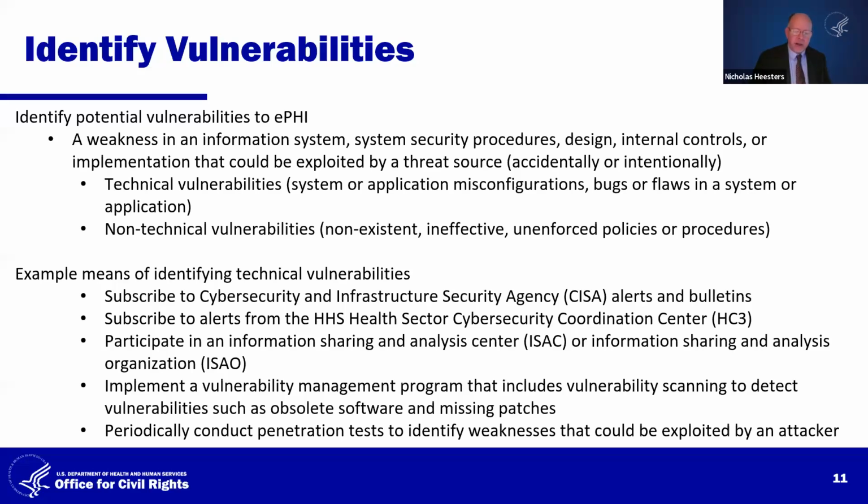Technical vulnerabilities could be misconfigurations, unpatched bugs, or flaws in a system or an application. Non-technical vulnerabilities could be non-existent, ineffective, or unenforced policies or procedures. These are all things that should be considered as part of the overall process in understanding the vulnerabilities to ePHI within your system, within your environment.